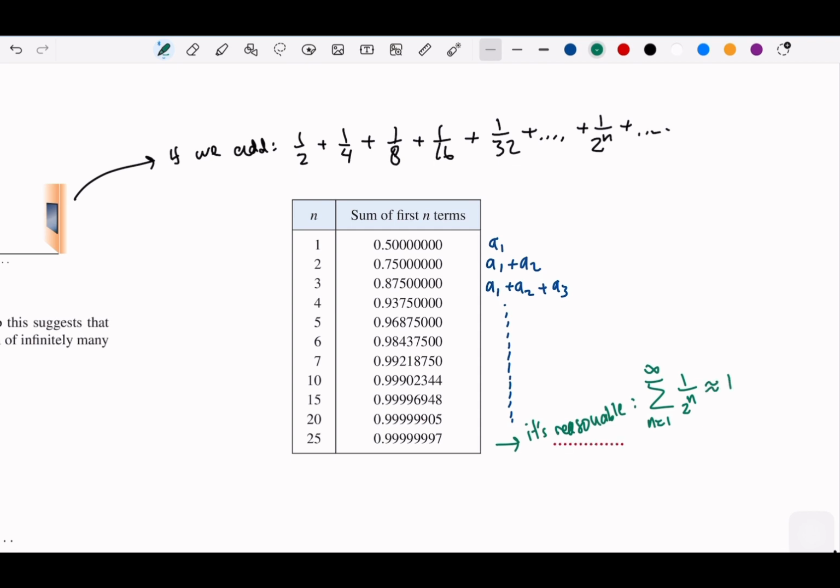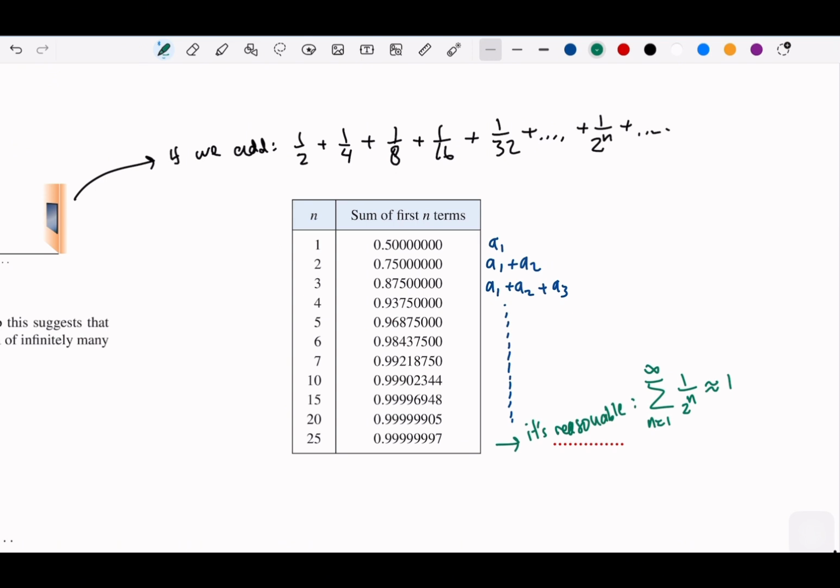Okay. Now this idea of a1 plus a2, a1 plus a2 plus a3 could become our new sequence itself that we are going to use to break down the series.